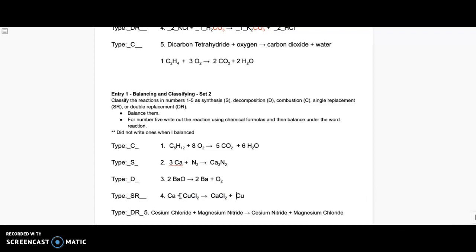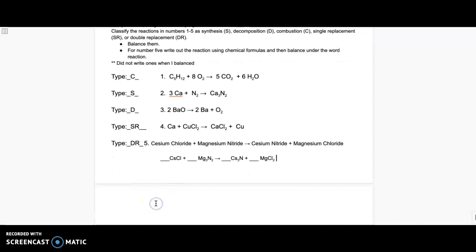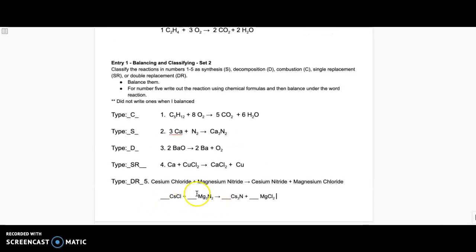Okay. Come down here to balance my last problem. I hate those bonus pages. All right, so I could start anywhere. I'm going to start with cesiums because it's my first element. 1 cesium, 3 cesiums. That tells me that I'm going to need a 3 here. Now, just because I put that doesn't mean I won't have to change it. That gives me 3 chlorines. Here I got 2. So now I'm already seeing that these things are unequal.